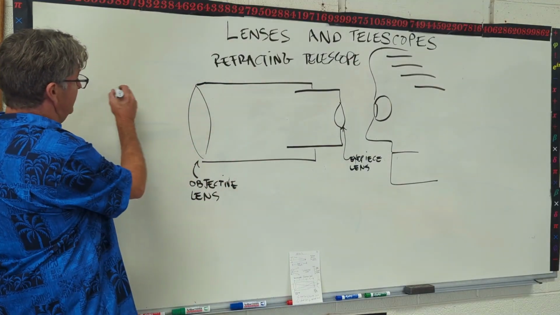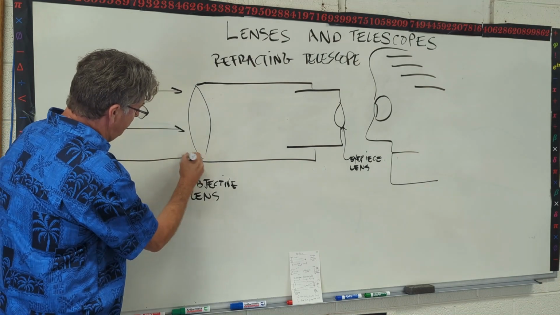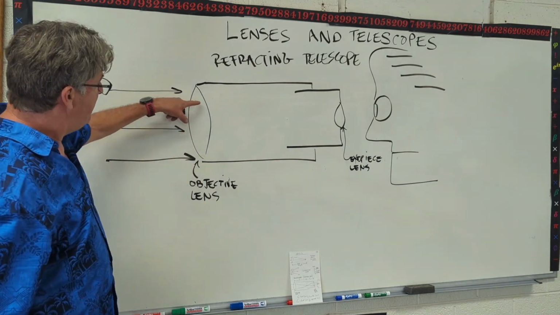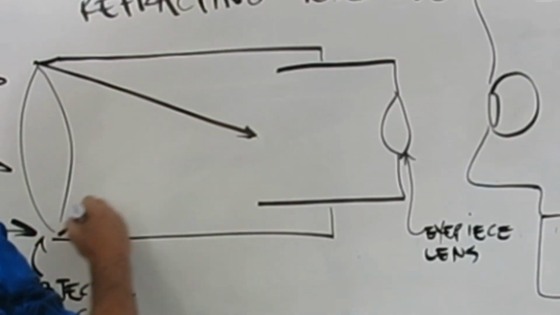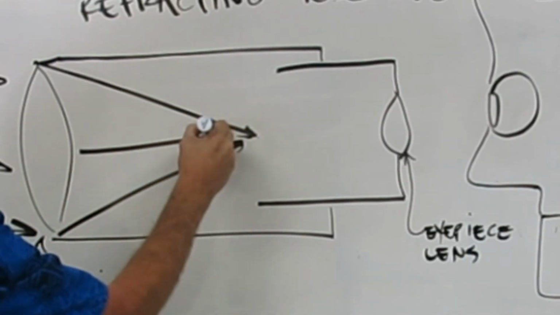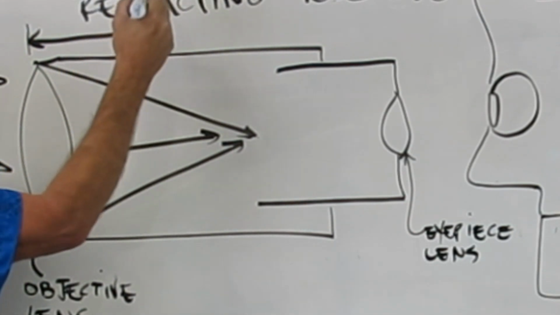And so what happens is the rays of light come into the telescope. They're parallel. And this is going to focus it all the way down to some focal length like that. And so this would be the focal length of our objective lens. So I'm going to call that FO.